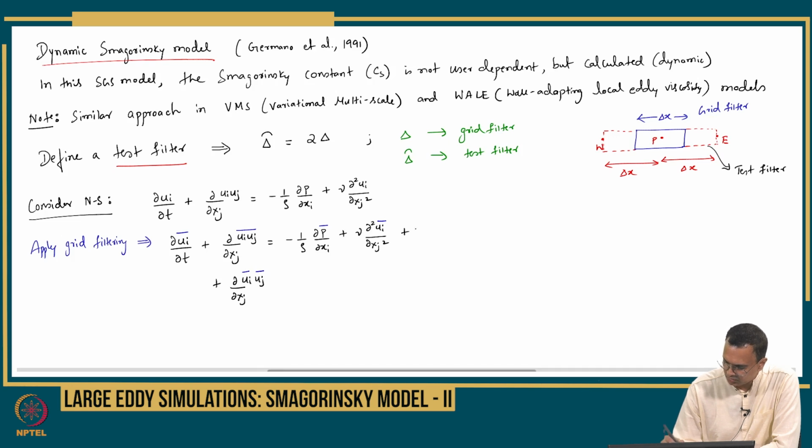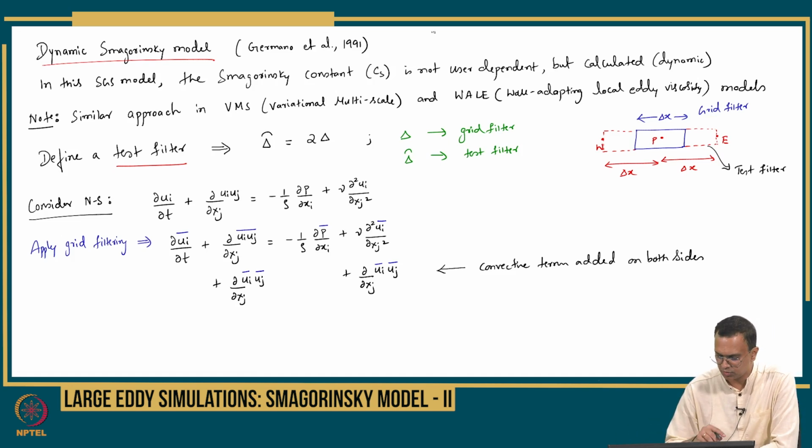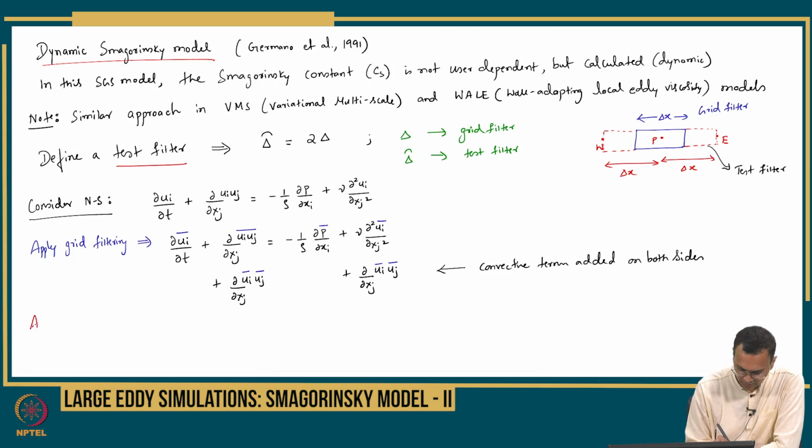So here also I'll just add dou by dou xj of ui uj on both sides, the convective terms added on both sides. Now we apply test filtering. Up to this point you are anyway computing in your LES. The test filtering operation we have to do now. So apply test filtering.